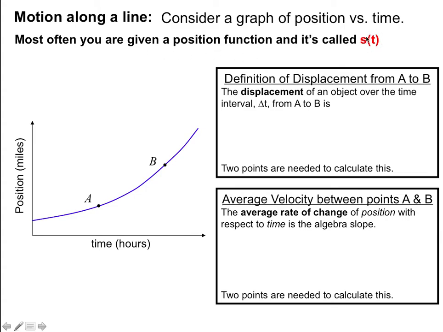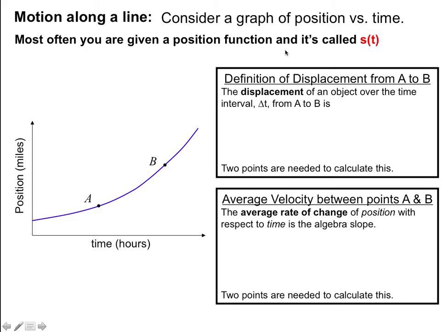So this is function notation. S stands for position, and the t stands for time. So the t would be on the horizontal axis, the s would be on the vertical axis. So we have something that looks like this. So we have motion here in miles per hour, which means we're probably driving a car, not a buggy. And so let's talk about displacement.